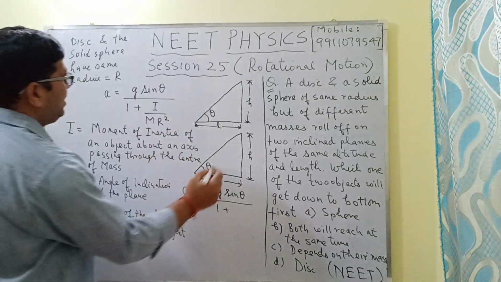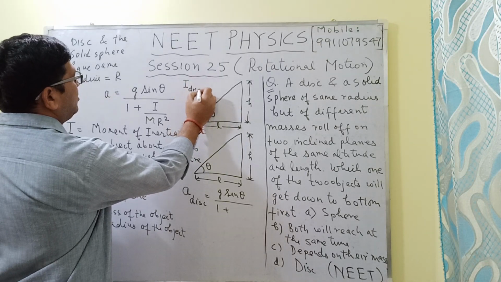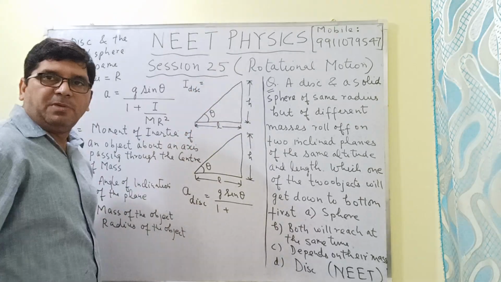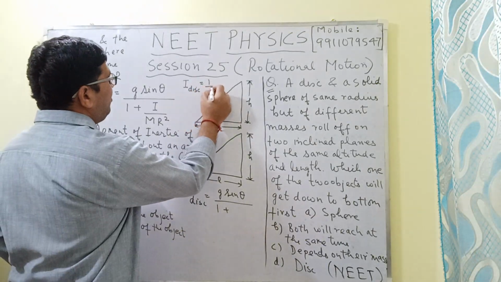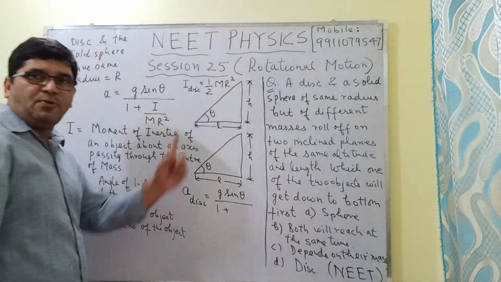The moment of inertia of the disk about an axis passing through the center of mass is given by 1 by 2 mr square. This is the formula.